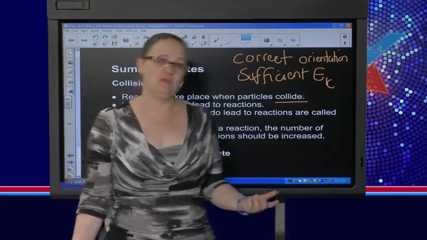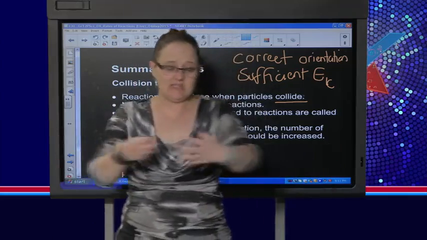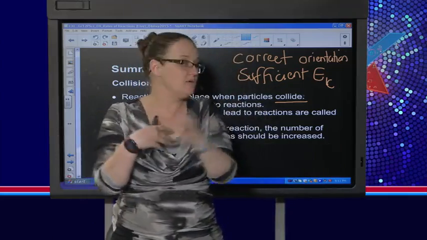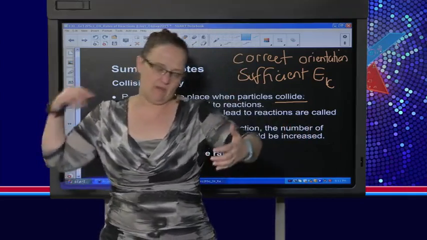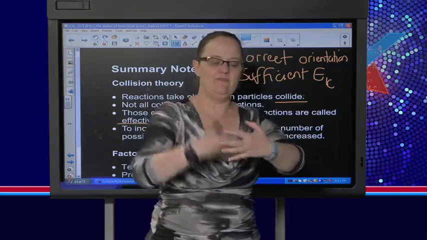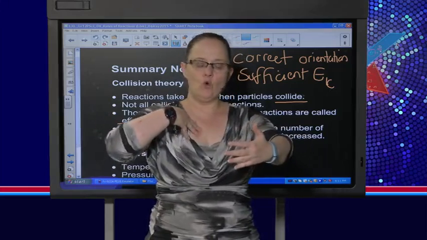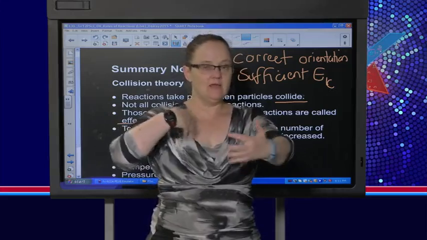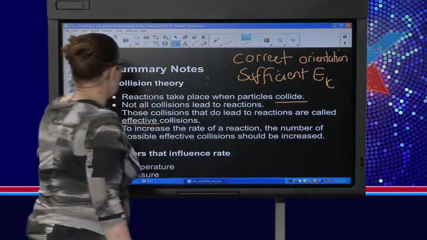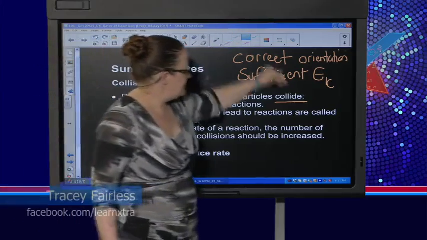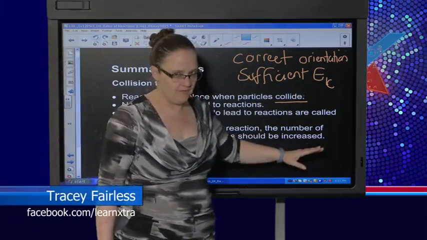Correct orientation, not much we can do about it. They have to actually hit each other in exactly the right way, otherwise they'll just bounce off each other. And sufficient energy: remember that when they hit each other, there's got to be enough energy for the old bonds to break and the new bonds to be made. If we can't get this right, then it won't be an effective collision.